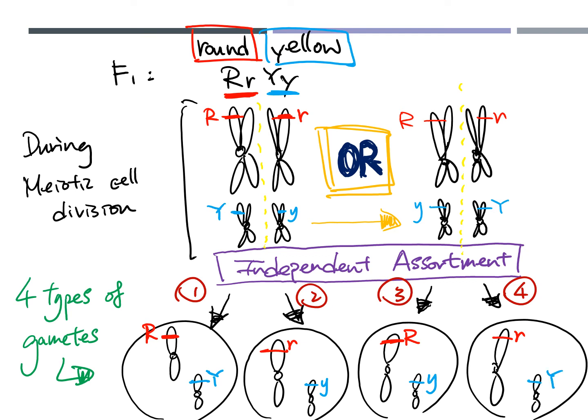Now, overall, how many types of gametes have you formed? You have formed 4 types of gametes. Due to the different arrangement and pairing up of the homologous chromosomes, you can give 4 different types of gametes. We call this situation independent assortment of chromosomes.